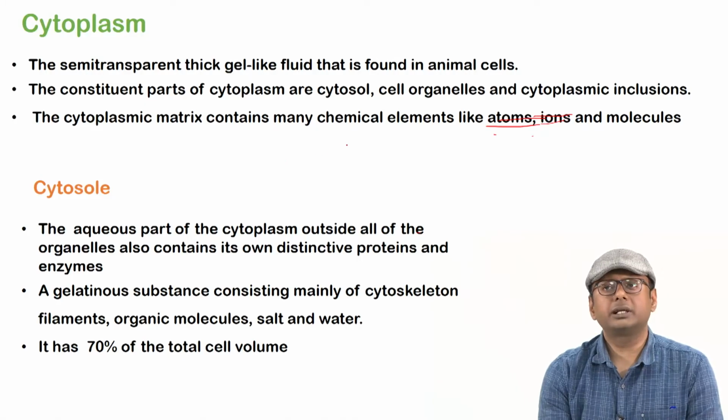The cytoplasmic matrix contains many chemical elements also, like atoms, ions and molecules. Cytosol is the aqueous part of the cytoplasm. Almost 70% of the total cell volume is cytosol. It contains filaments, organic molecules, salt and water.